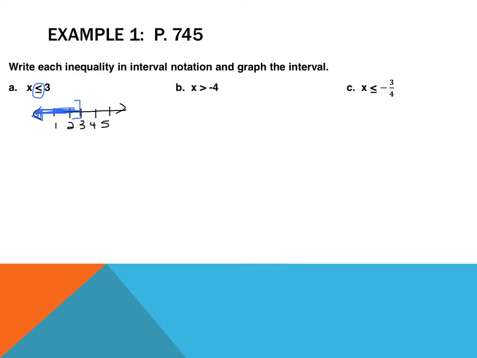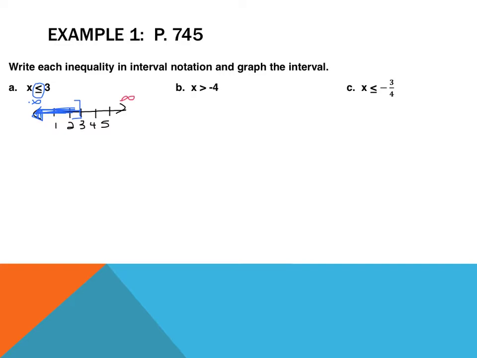Now the arrows represent infinity and negative infinity, so to the left is negative infinity, and to the right is infinity.